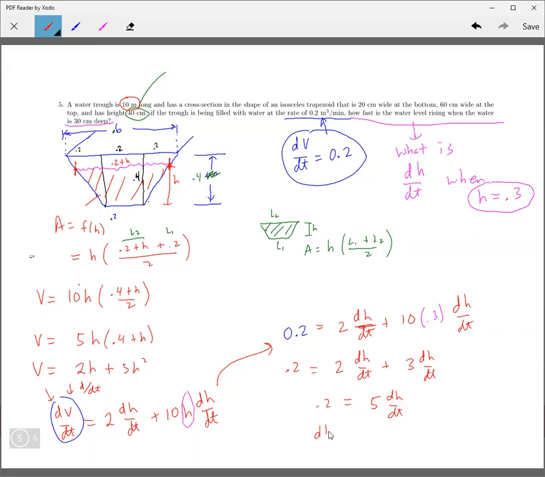And so dh/dt is 0.2 over 5, which is 0.04 meters per minute. Okay, any questions about this exercise?